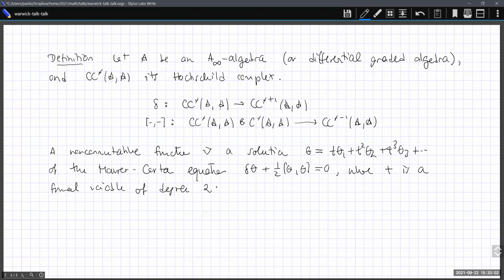Okay, so concretely, when you spell this out, the first order term is a Hochschild cocycle, because here only the linear part of the Maurer-Cartan equation contributes at first order. And then you have a correction term.